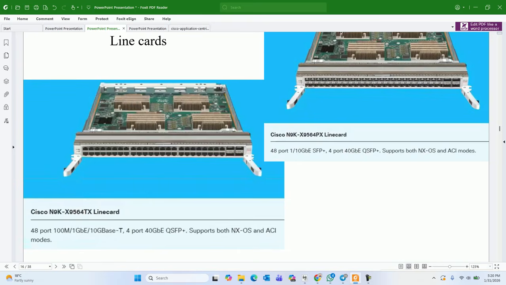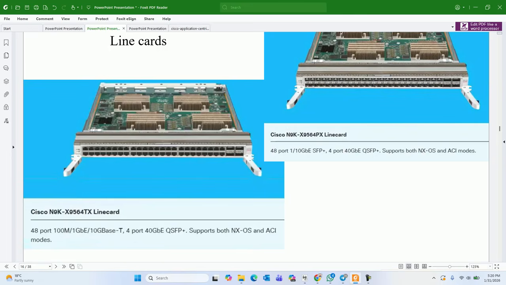So in the 9560, we can have 1 to 10 Gbps SFPs. We have 4 ports for the uplinks, which are quad SFPs. And this particular line card supports both modes, NX-OS mode and ACI mode.